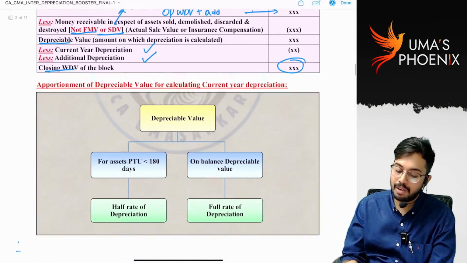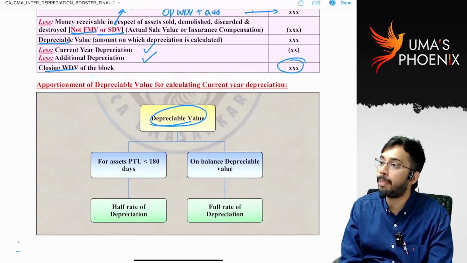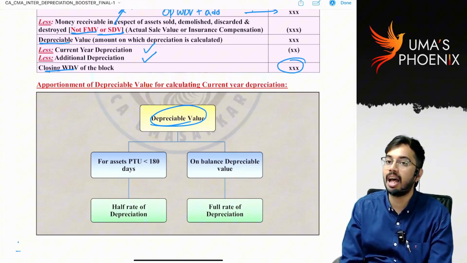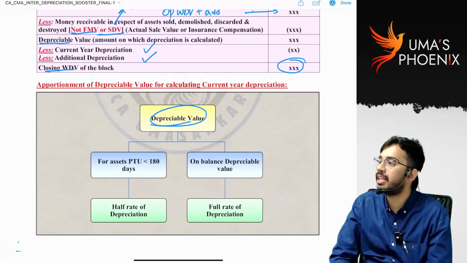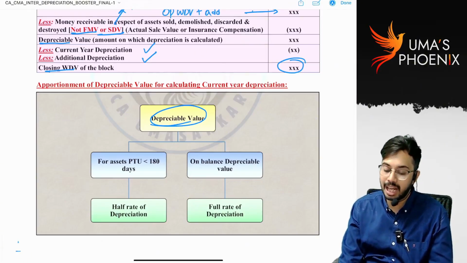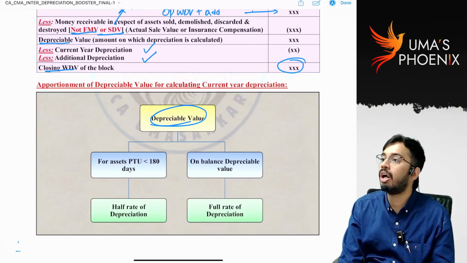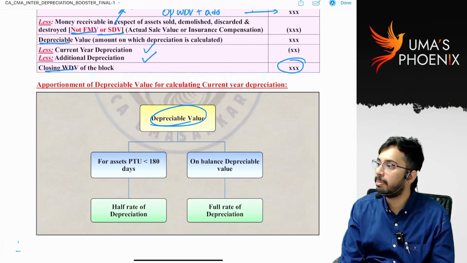Now, whatever the depreciable value is there, depreciable value is to be apportioned on LIFO basis, last in first out basis. What are the assets recently purchased? Recently purchased assets are those assets put to use for less than 180 days. So on assets put to use for less than 180 days, we will calculate half rate of depreciation.